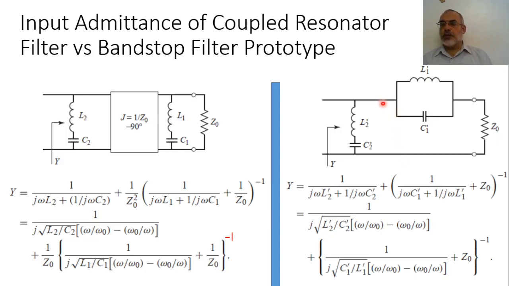So the impedance of this parallel LC circuit, which is 1 over j omega C dash plus 1 over j omega L dash, plus Z naught, all of this is to the power minus 1. 1 over square root L1 dash C1 dash should equal omega naught, and similarly 1 over square root L2 dash C2 dash should equal omega naught, where omega naught is the center frequency of the proposed stop band.